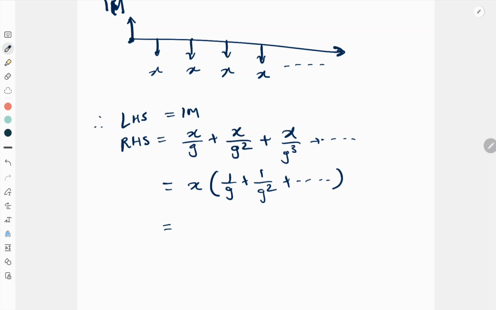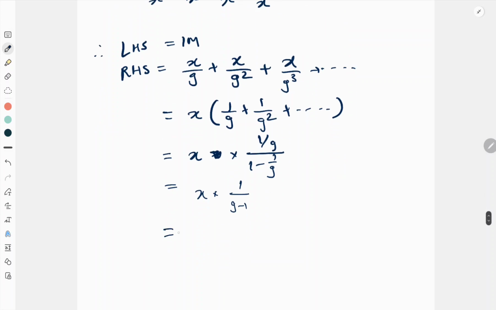I know, and I can show you in a later video, that this infinite series sums out to be x times 1 by g divided by 1 minus 1 by g, which is x times, if I take this g to the numerator, 1 divided by g minus 1, which is r, x divided by r.